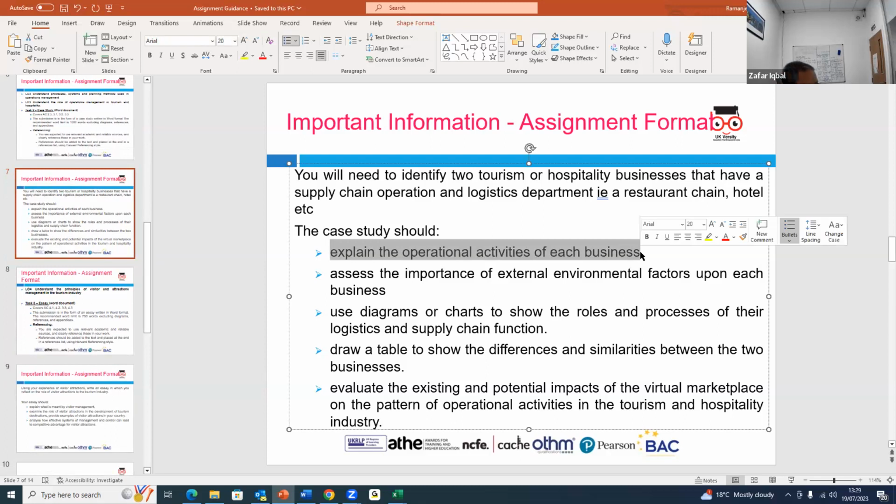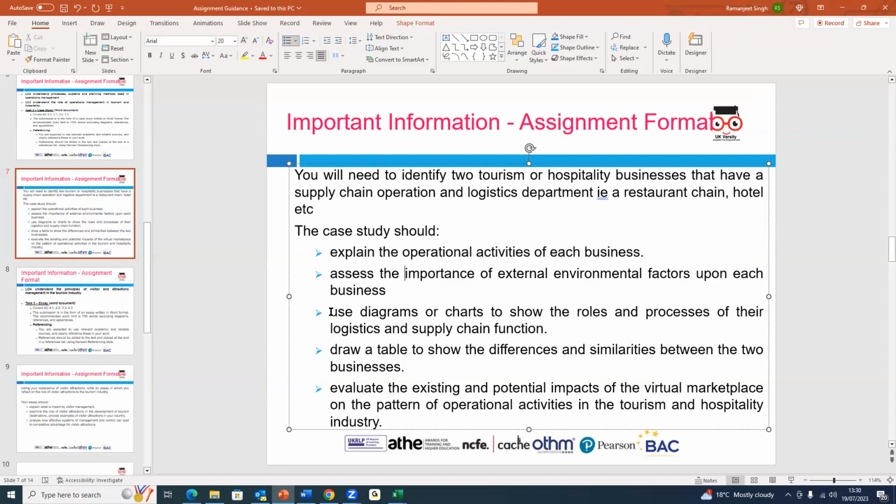So if you're looking at McDonald's and a hotel, or two hotels, maybe Intercontinental and Radisson, you check how they offer, what the operational activities are, how they differ, and what the importance of the external environment is. Look at their external factors, which we discussed.